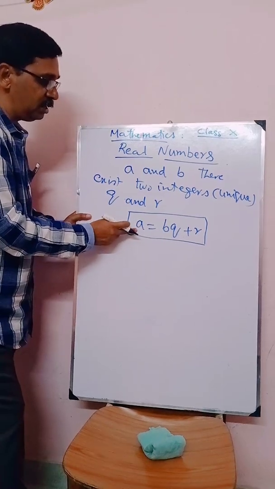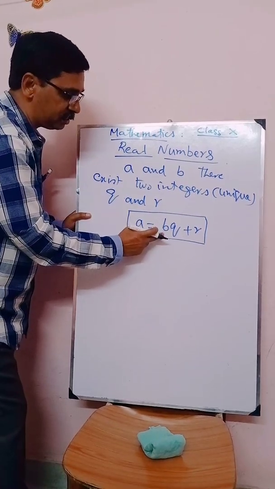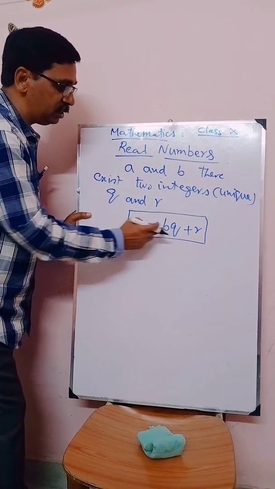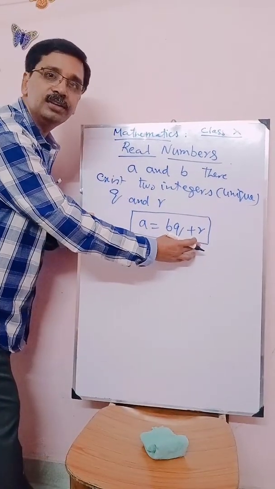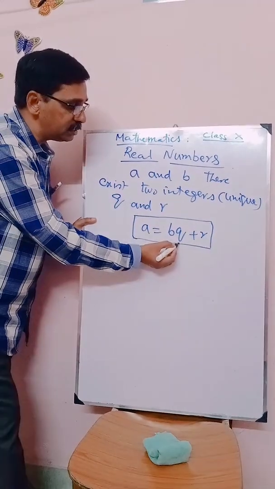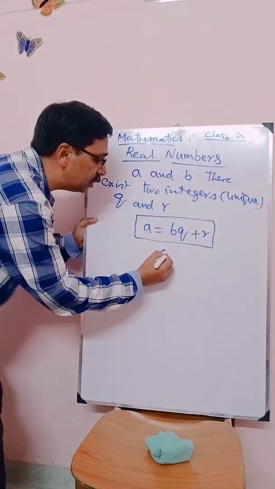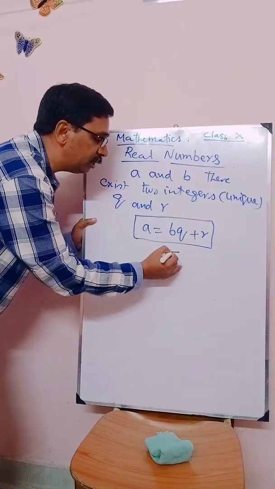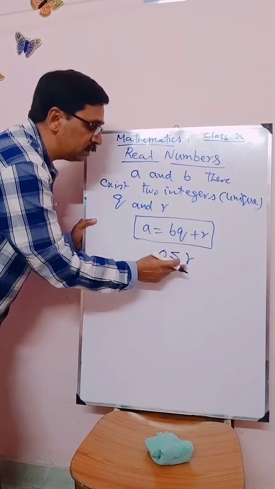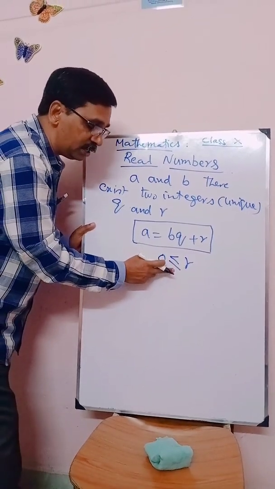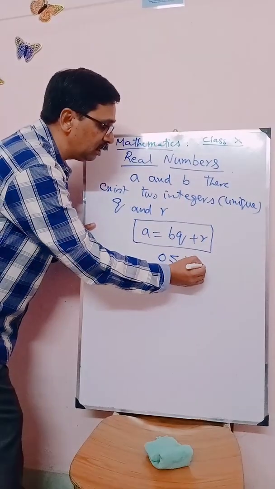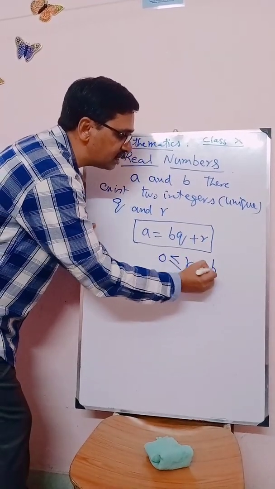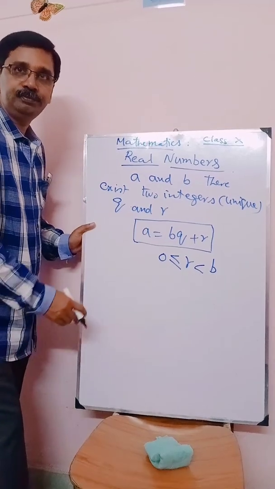where a and b are the integers, and the relation goes like this. q and r are the fixed or unique integers, where always this remainder is either equal to 0 or greater than 0, and the remainder is always less than the divisor b.